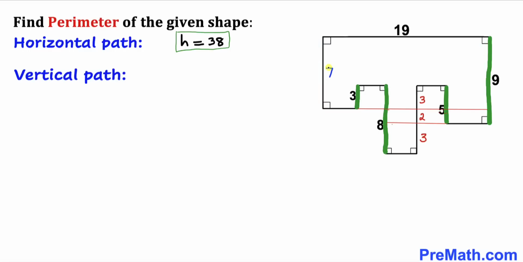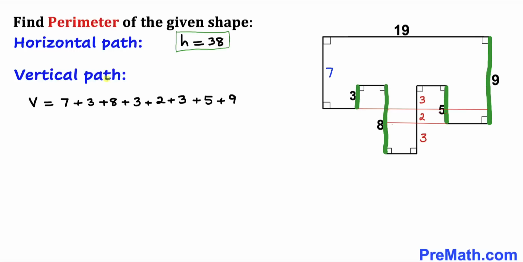So therefore, our total vertical path is going to be 7 plus 3 plus 8 plus 3 plus 2 plus 3 plus 5 and finally plus 9. As you can see over here, I have added all these numbers up, and V represents the vertical path.